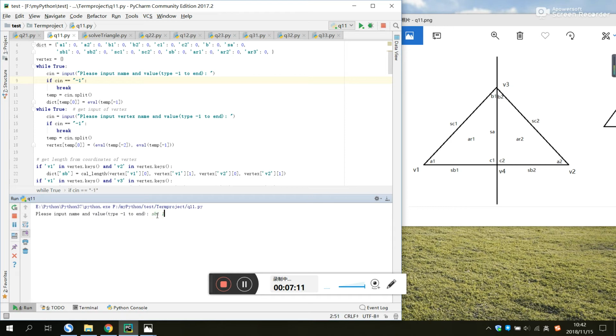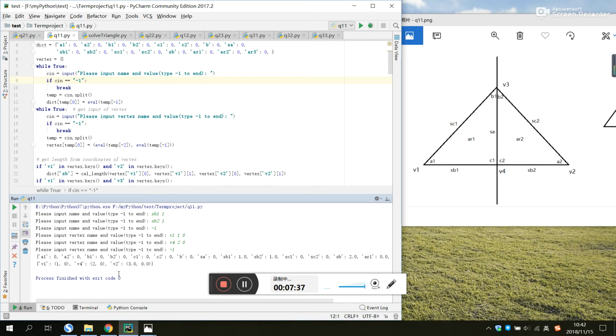SB1 is 1, SB2 is 1, and we begin to input coordinates V1, 1, 0, V4, 2, 0. In this case, we can get V2, let's say.